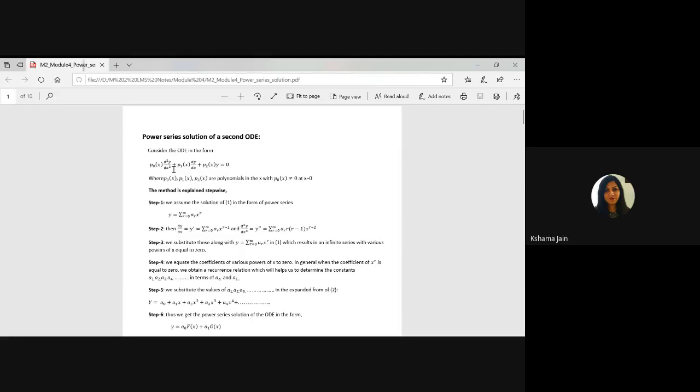So let's start. Suppose we have a differential equation of this form, called second order ordinary. Why ordinary? Because all the derivatives are of y with respect to x. Their coefficients are p naught, p1x and p2x, which can be either constants or functions of x. The condition is p naught x is non-zero. Why non-zero?